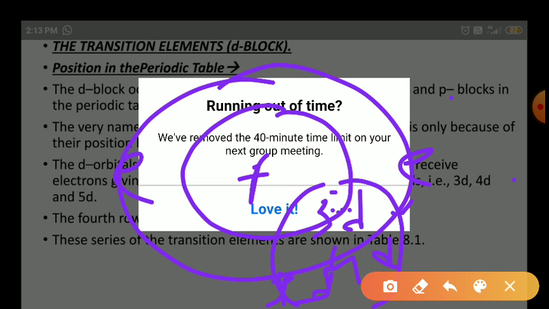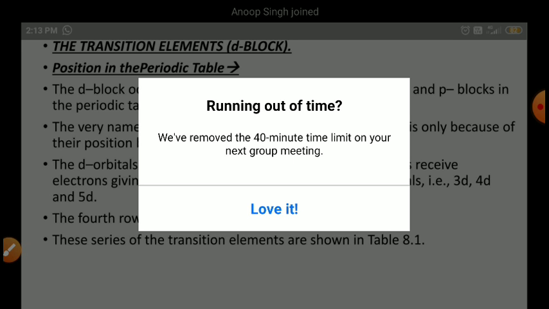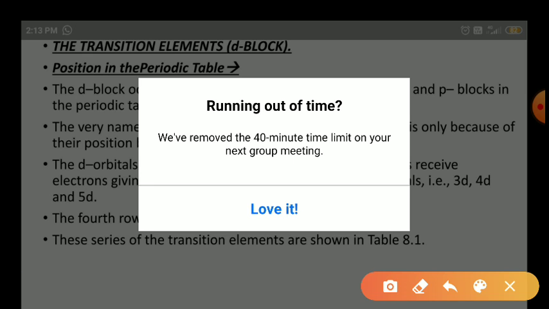Okay, how? Yes, 3d. The atoms have a valence shell 2p.